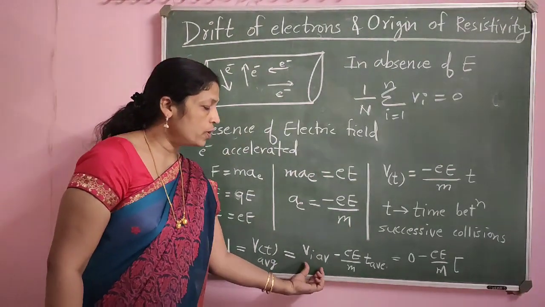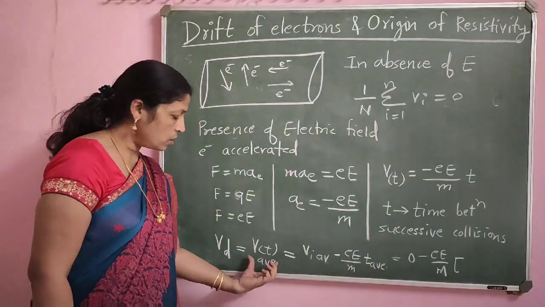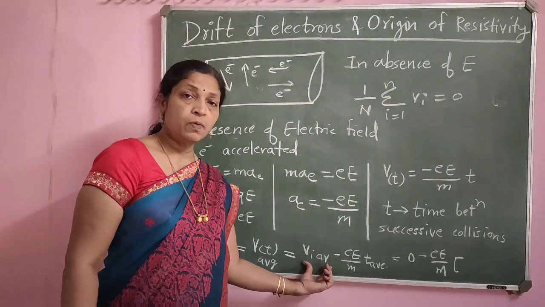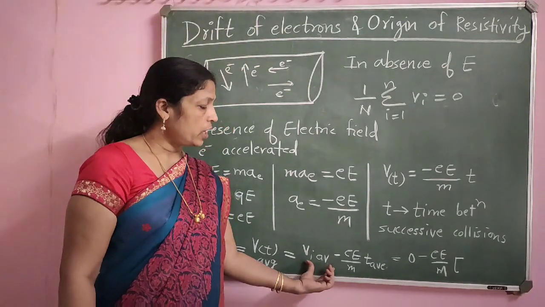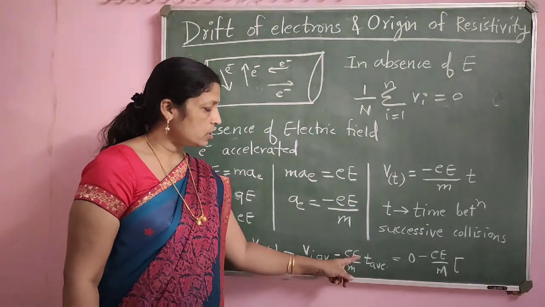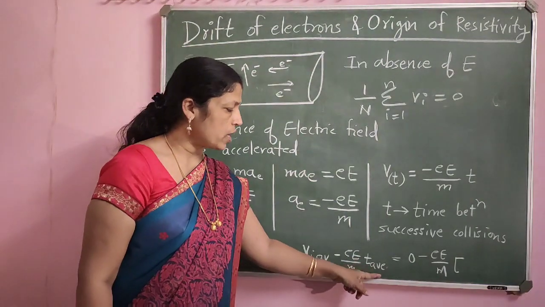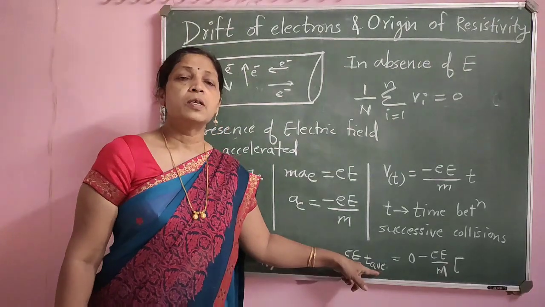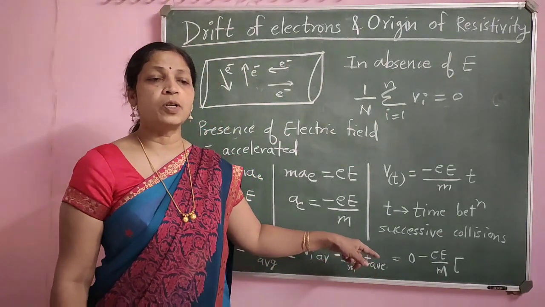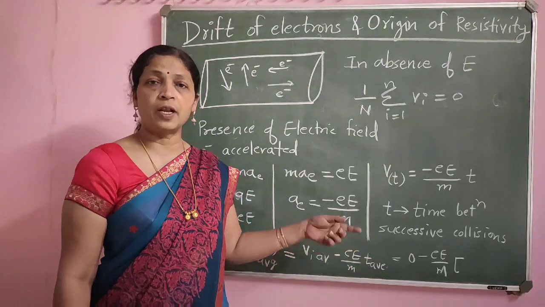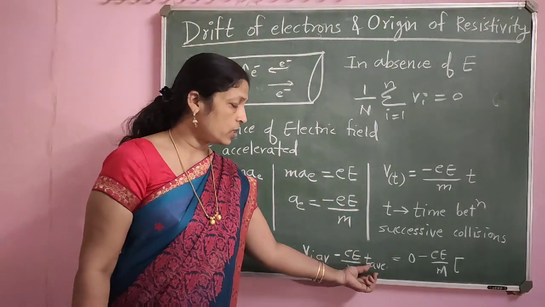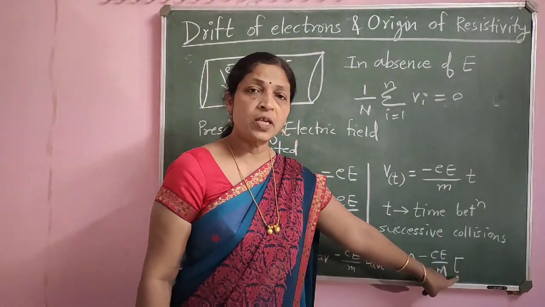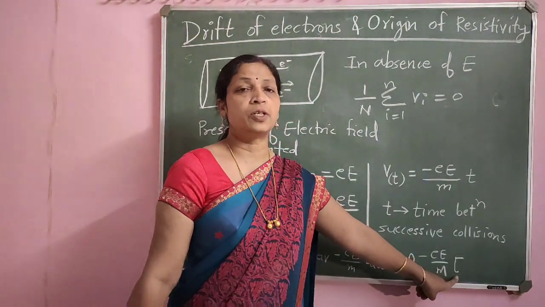V equal to U plus AT, so V average, U initial, Vi average, AT, a is minus eE upon m into t average. t average is the relaxation time average. That means sometimes the relaxation time of the electron is less and sometimes it is greater. So we take an average, and the average relaxation time is written as tau, or we can simply say tau is the relaxation time.